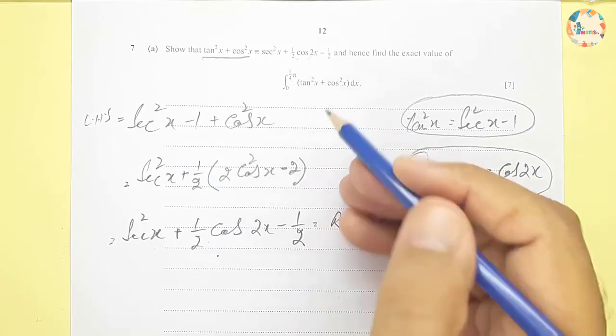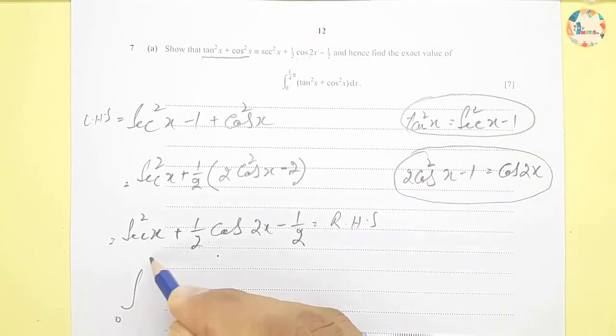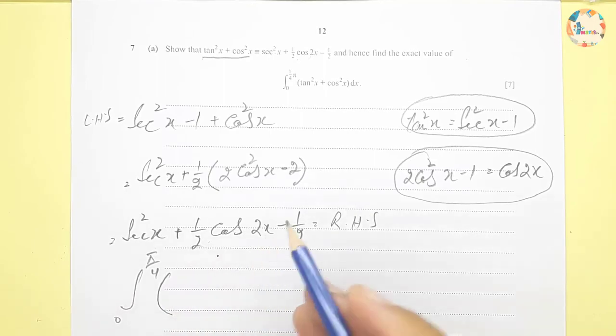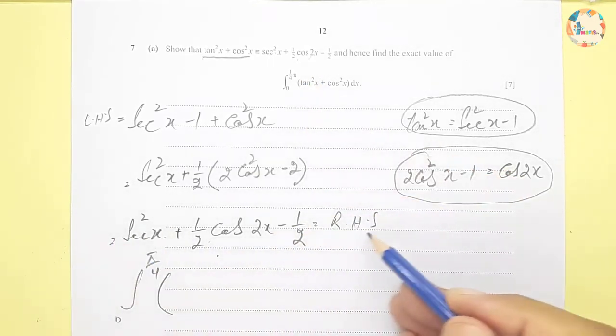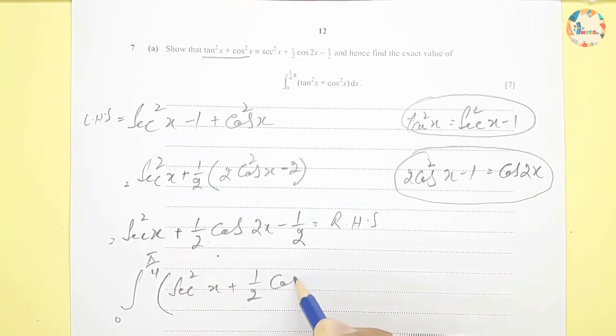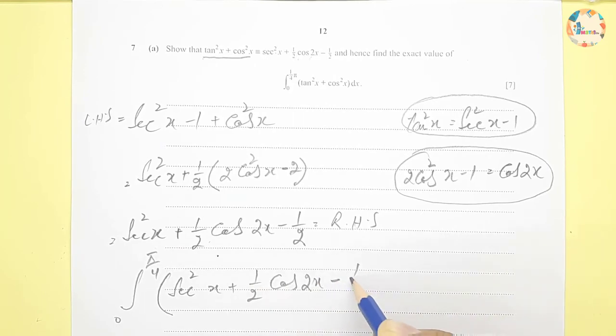Now we have to integrate this. So the integral from 0 to pi by 4 of secant square x plus 1 by 2 cos 2x minus 1 by 2.